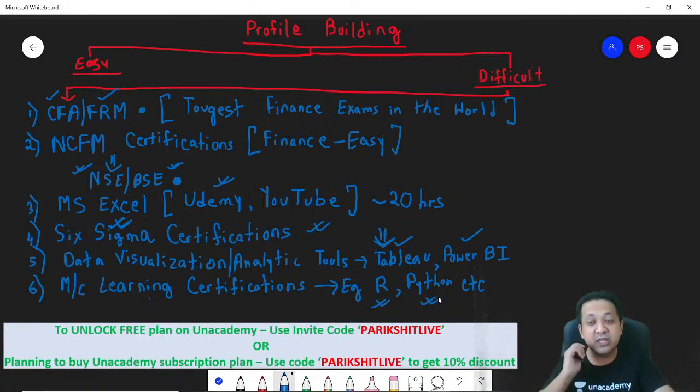Especially if you wish to do an MBA, these are anyway courses which are going to be taught to you. So can you learn them before joining a B school? It's not about before joining a B school, it's about learning them. At least even if you clear the basic levels, you can put them on your resume.